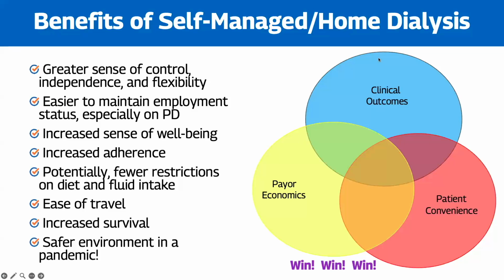The advantages of self-management or home dialysis are that patients can control their own treatment schedules, resulting in increased independence and a flexible lifestyle. Also, many patients find it easier to maintain employment status, especially if they begin kidney replacement therapy on peritoneal dialysis.